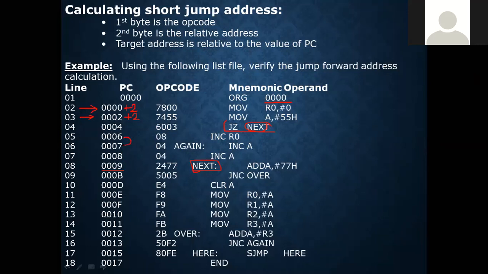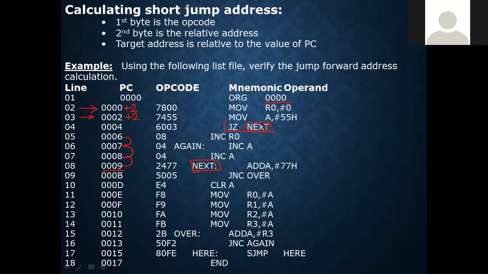So 6 to 7, how many counts? 1. 7 to 8, 1, and 8 to 9, 1. So total is 3. Okay.